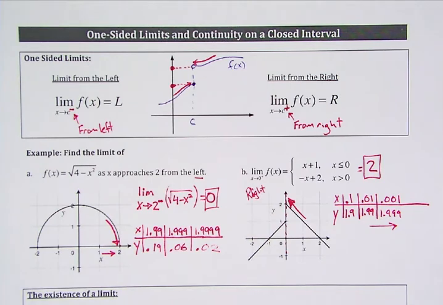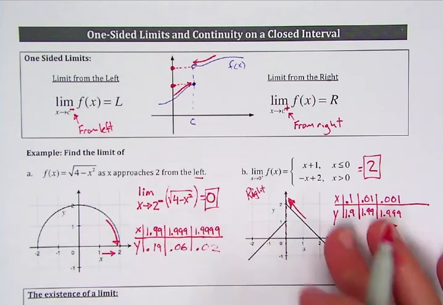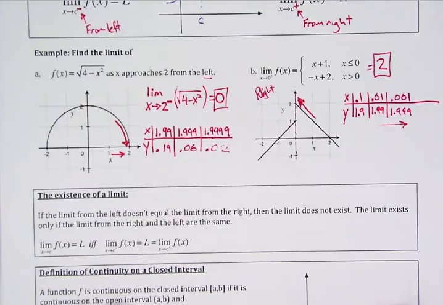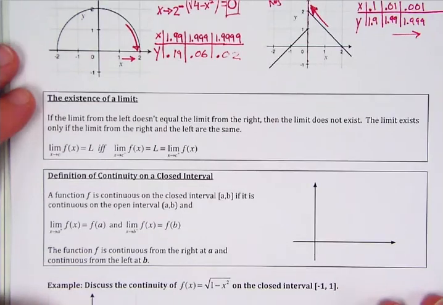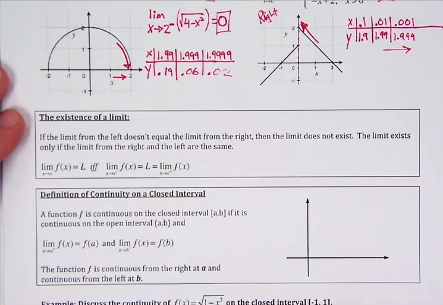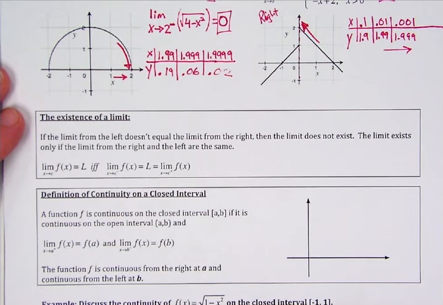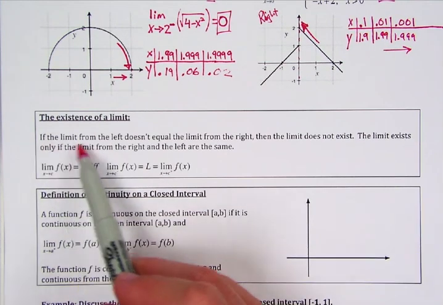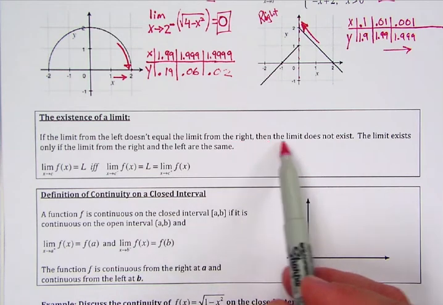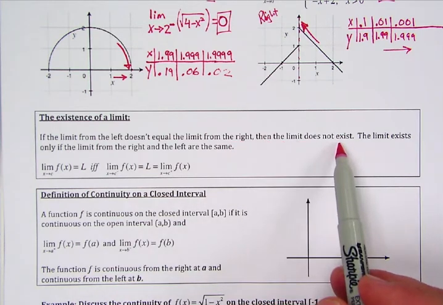Now, why do we talk about right and left limits? Well, because it's important to see as we get close on certain sides, but this is also going to be used in the existence of a limit, so proving whether a limit exists or not. If the limit from the left doesn't equal the limit from the right, then the limit does not exist.